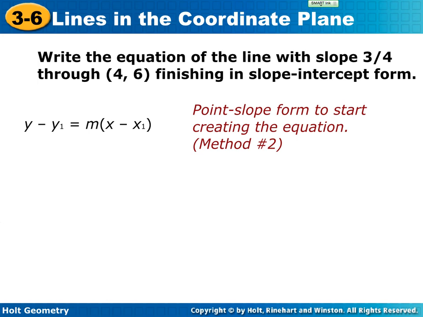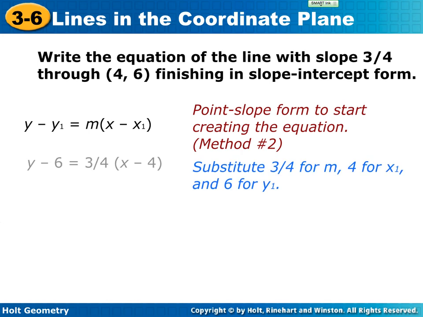So we've got y minus, what's y1? 6 equals, what's m? 3/4. Parenthesis, x minus, what's x1? 4. Putting in the point 4, 6 and the slope 3/4.